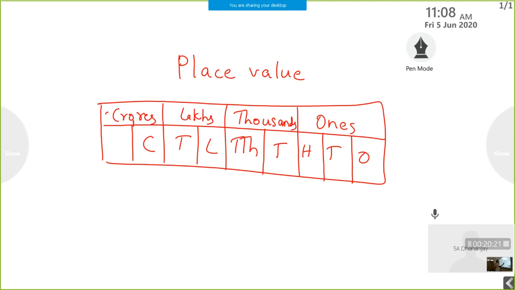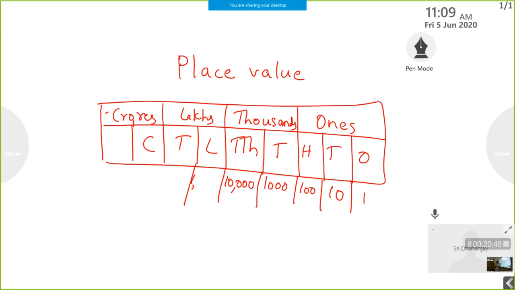The ones place has the value 1. The tens place has the value 10. The hundreds place has the value 100. The thousands place has the value 1000. The 10,000s place has the value 10,000.